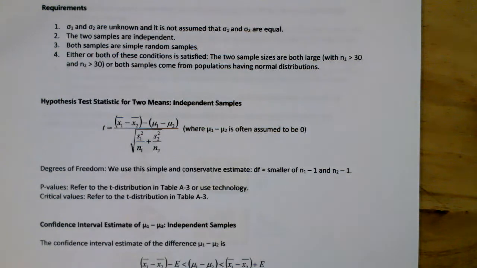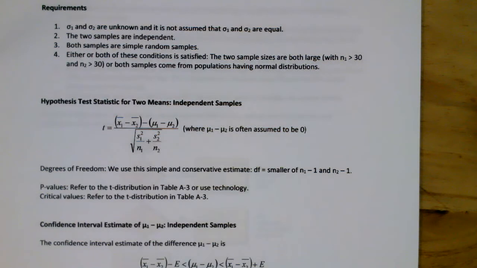All right, the requirements. Number 1, the population standard deviations of the first and second populations are unknown, and it is not assumed that sigma 1 and sigma 2 are equal. Number 2, the two samples are independent.